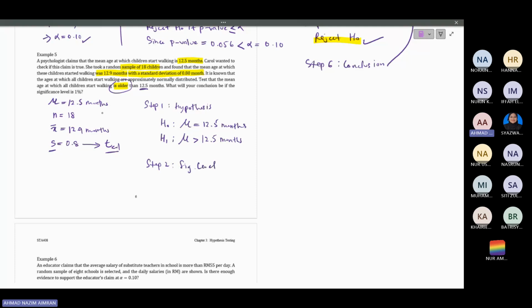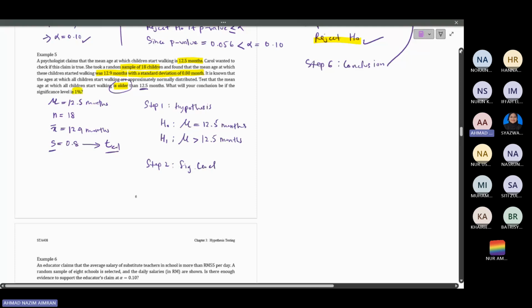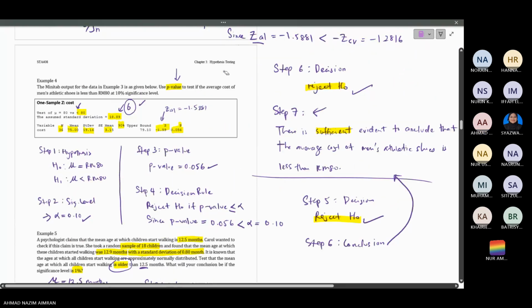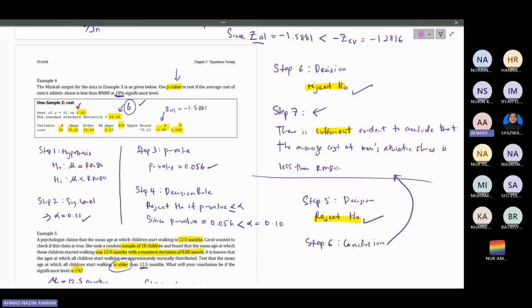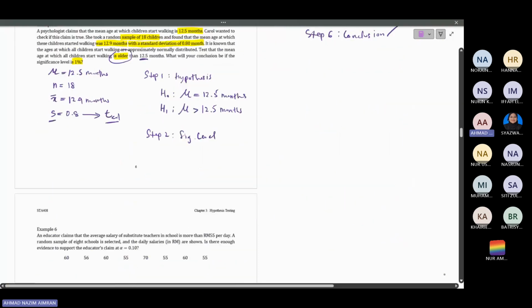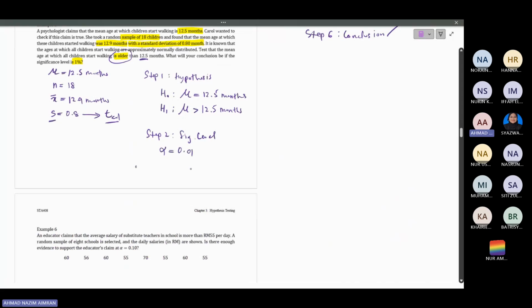What is our significance level? 1%. In our previous example it was 10% significance level, but this time 1%. So alpha is 0.01.